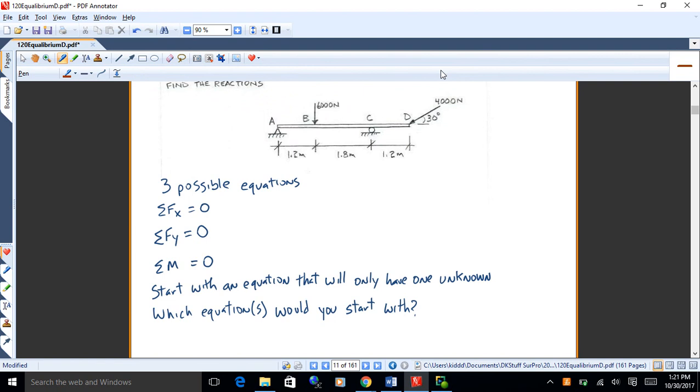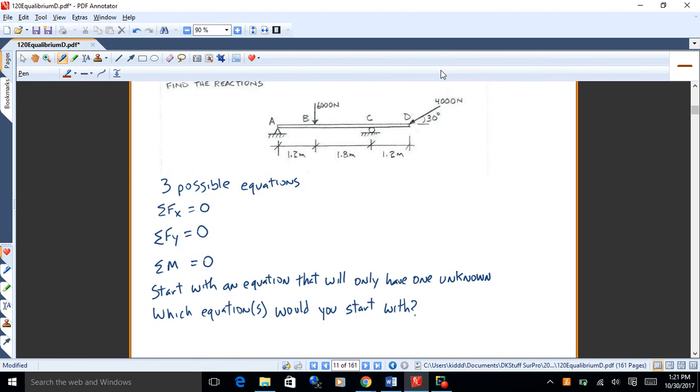Now start with 3 possible equations: sum of Fx, sum of Fy, and sum of moments. Now what I want to do here is solve this as easily as I can. I don't want to generate one equation with multiple unknowns.